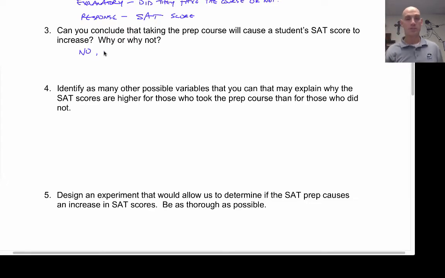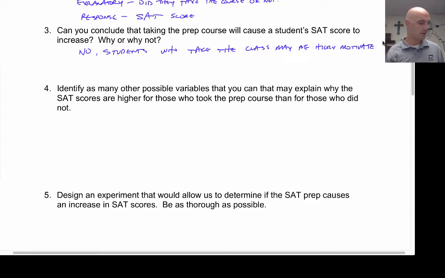No. So students who take the class may be highly motivated anyway, and study more.